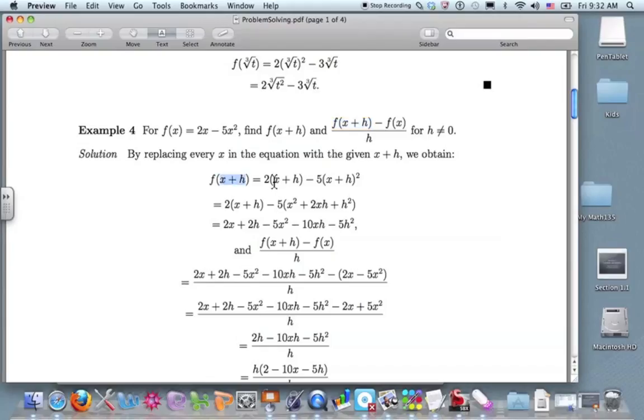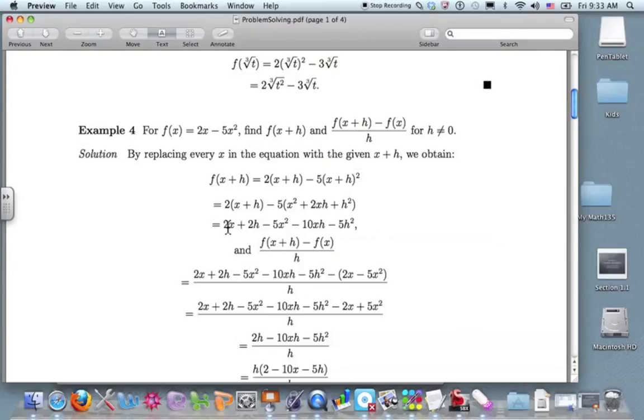So we get 2 times x plus h minus 5 times x plus h squared. Again, square this out, distribute 2 to both x and h, and then distribute negative 5 to each of these three terms.